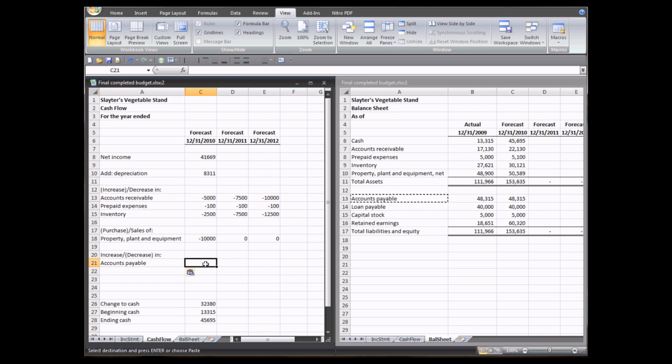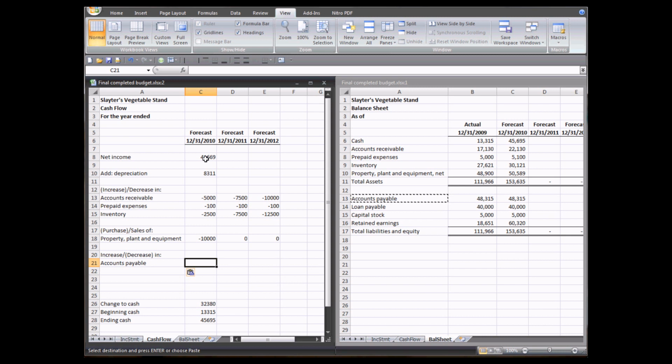Okay, so it's going to be the same kind of thing except opposite. The reason that it's an increase here is because if we purchase something and don't pay for it, that's going to be an expense, which is going to reduce our net income, but we don't have any cash flow that's affecting us, so we want to add it back.